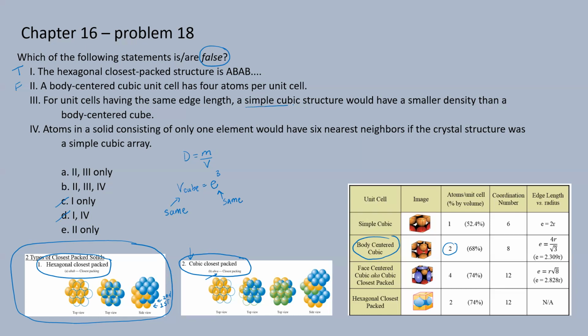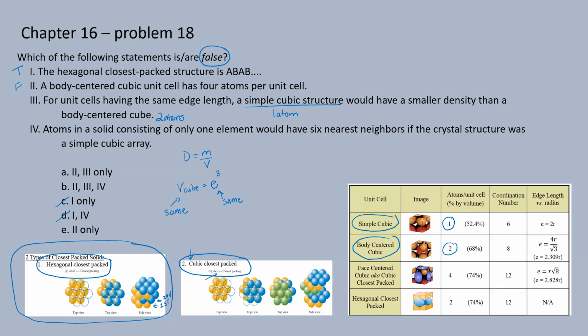So a simple cubic structure, according to our table, has only 1 atom. But a body-centered cubic has 2 atoms.